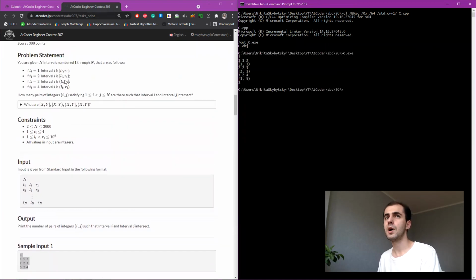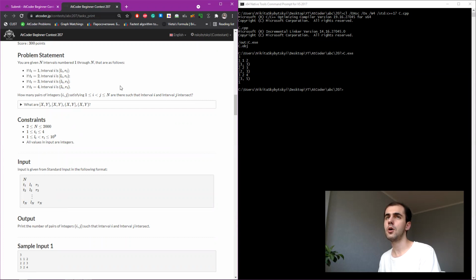Okay. So one is this segment, and it gets to 1, 3 now. The second segment is 2, 3, and it's already a half open interval. The third one is 2, 4.